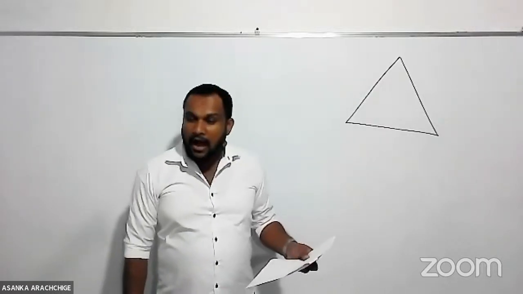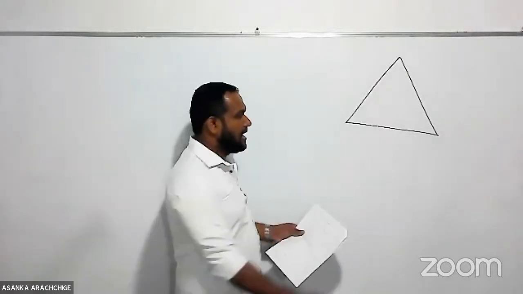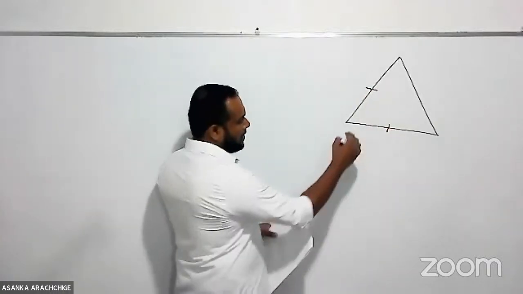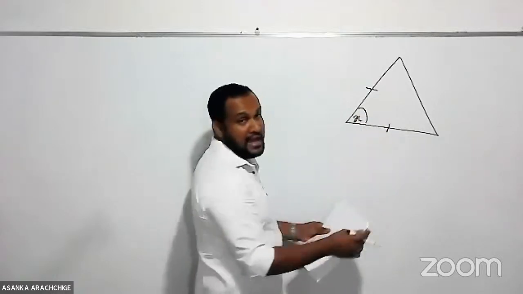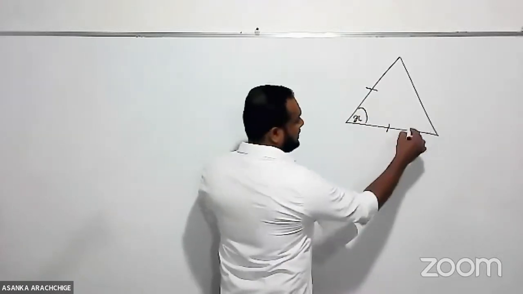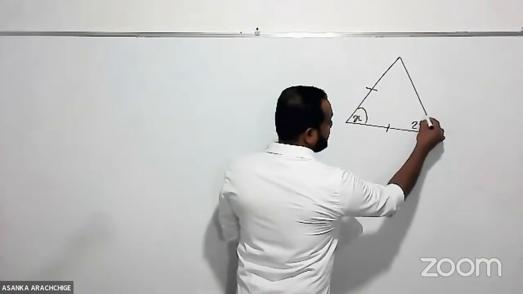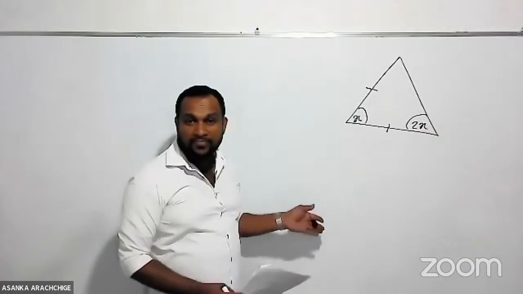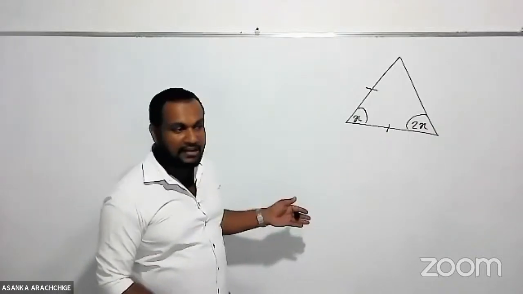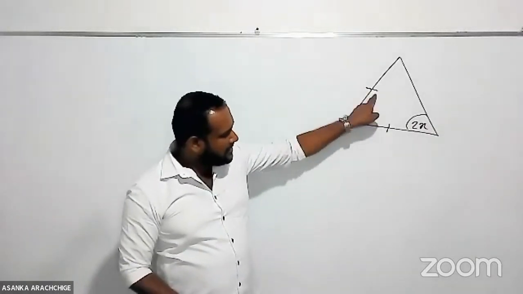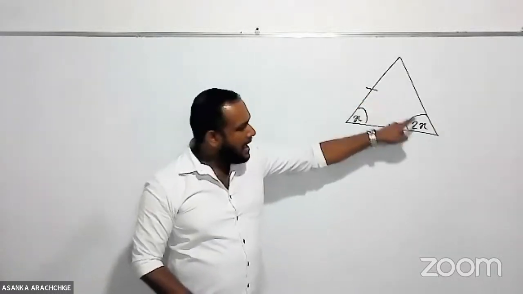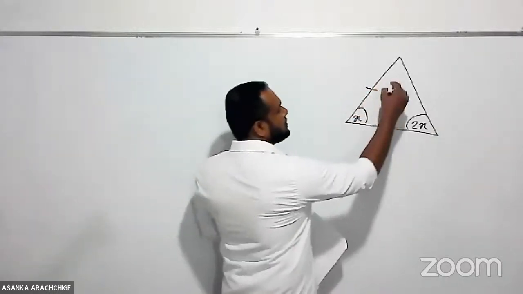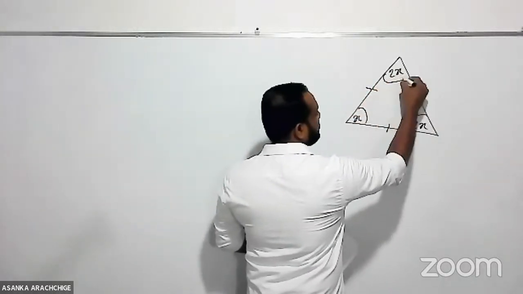It is an isosceles triangle where these two sides are equal. This angle is denoted as x, while this is 2x. Now again we have to use one of the theorems we already discussed before. What is that? If two sides are equal, the angles opposite the equal sides are equal. Therefore, this is also 2x.